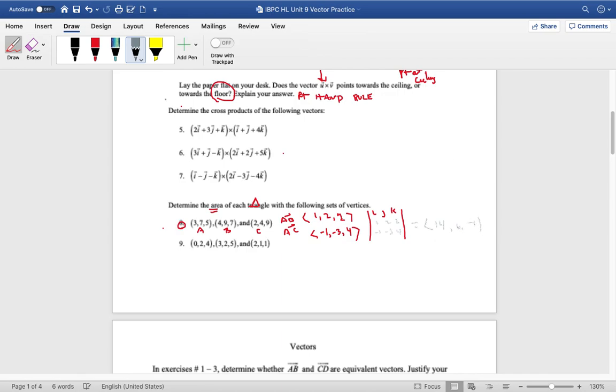I think I will go back to my red. And then I took the magnitude of that, which was the square root of 14 squared plus 6 squared plus 1 squared. And I got the square root of 233 out of that.